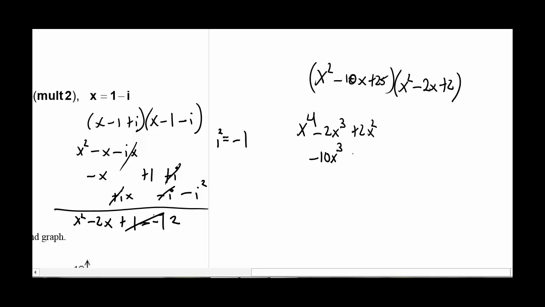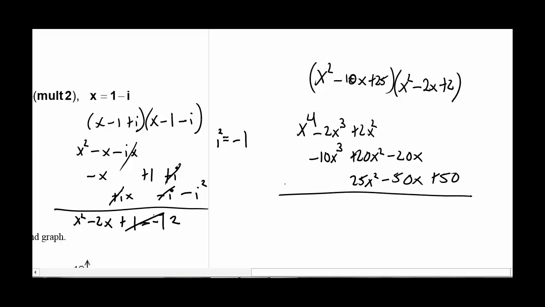Sorry, I just realized I missed the number, plus 20x squared. So minus 10x times 2 is minus 20x. All right, 2/3 there. All right, last one. I got this. 25 times x squared is 25x squared. 25 times negative 2x is minus 50x, and then 25 times 2 is plus 50.